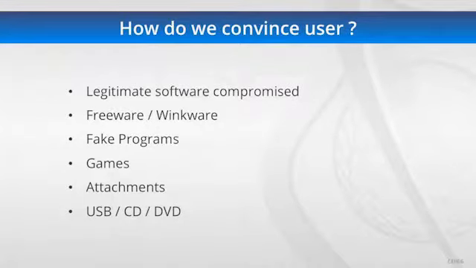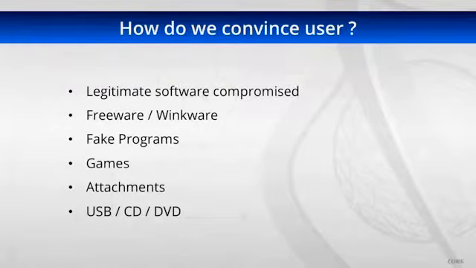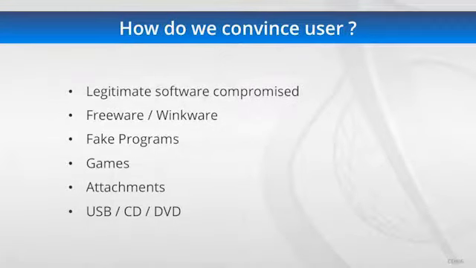So now how are we going to convince this user to click on this stuff? Well, we can take legitimate software that they would use that would be reasonable for them, like a new copy of Office or Visio or something that's a utility for work, and compromise it at the root. We could go to the software site that, let's say the cool new application is Evernote, and it's actually an application that you can download. If that's the case, why don't I compromise Evernote and get them to download it here?